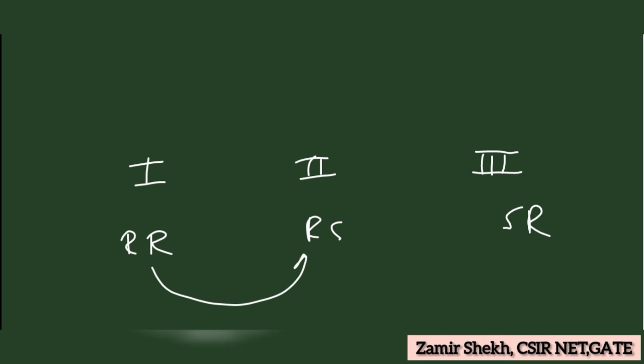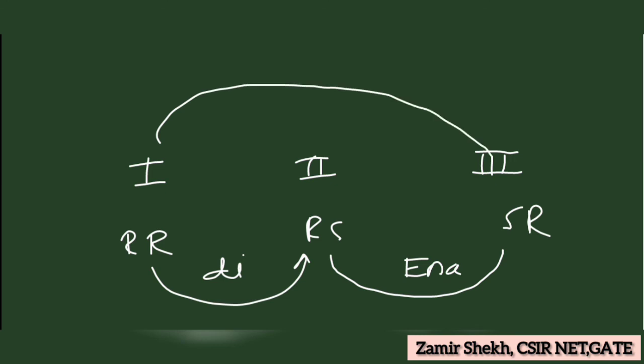RR and RS, it should be 3 R are there, that means it is a diastereomer. If RS and SR are there, it should be enantiomers. What is the relationship between 1 and 3 now? Here look at this, RR and SR, so it should again be a diastereomer. Generally, in compounds the pairs of diastereomers are more than the simple enantiomers.